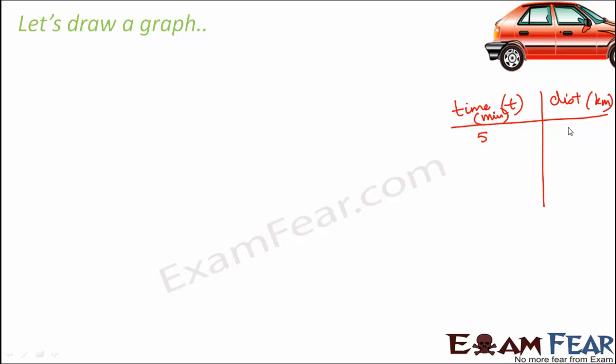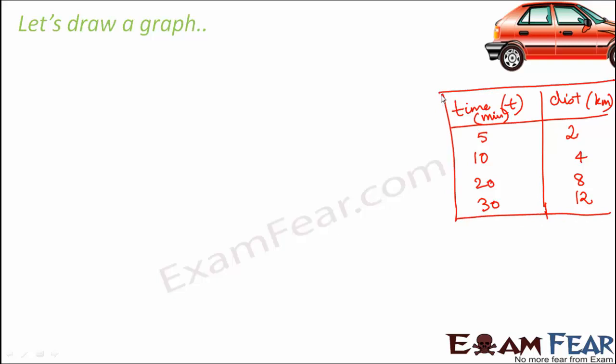In 5 minutes it covered 2 kilometers, in 10 minutes it covered 4 kilometers, in 20 minutes it covered 8 kilometers, and in 30 minutes it covered 12 kilometers. So these are the numbers which define the motion of this car. That is how exactly the car is moving. That is defined by these numbers.